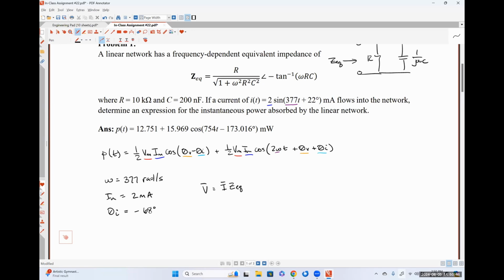All right, so let's figure out what's going on with ZEQ. It's got some magnitude that we can literally just plug into our calculator, and then it's going to have some phase angle that we can also plug into our calculator.